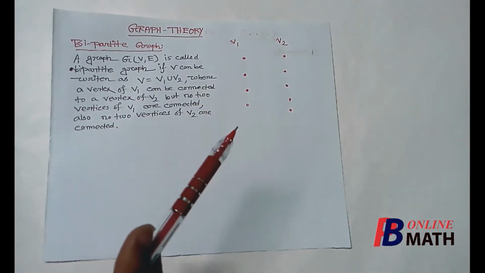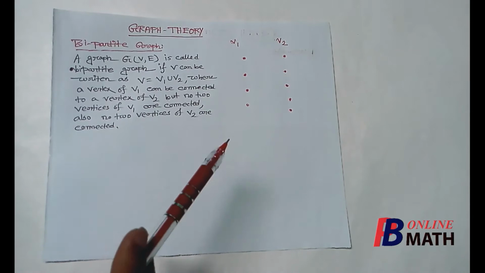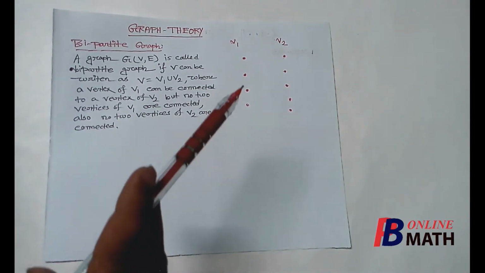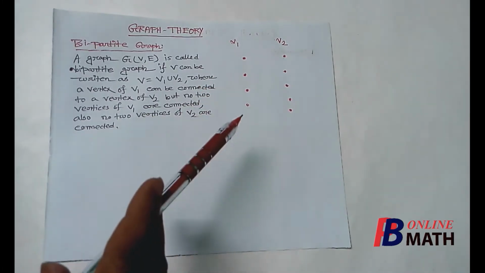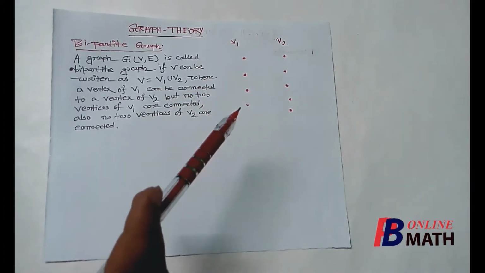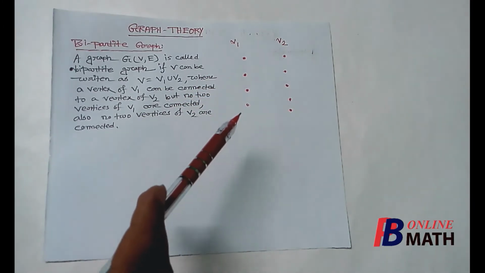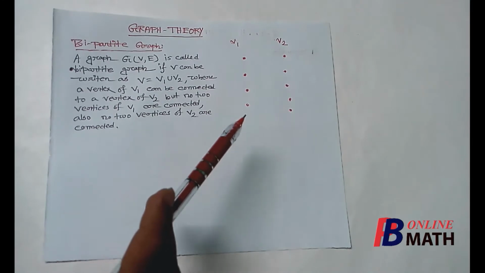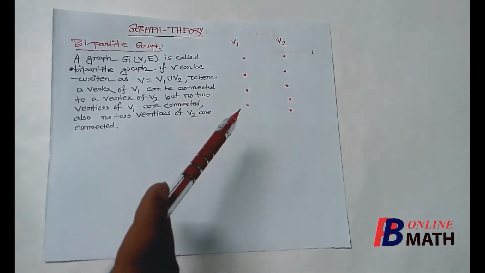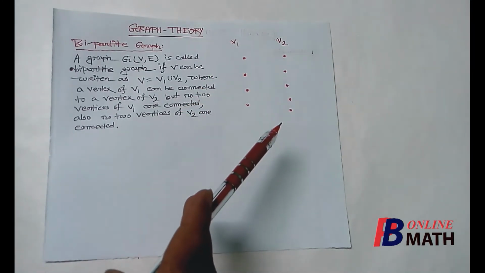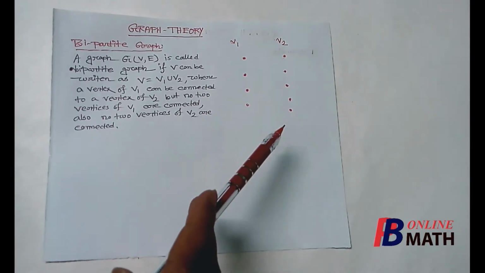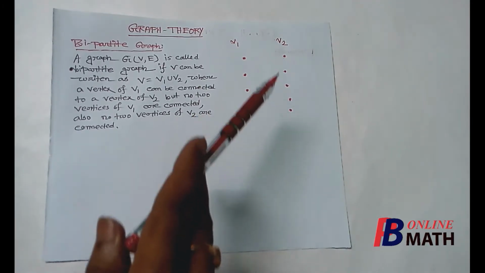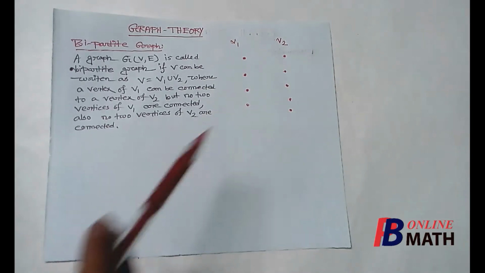Now this graph is called a bipartite graph if no two vertices of V1 are connected. That means there must not exist any edge between any two vertices of V1. Similarly, there must not exist any edge between any two vertices of V2.